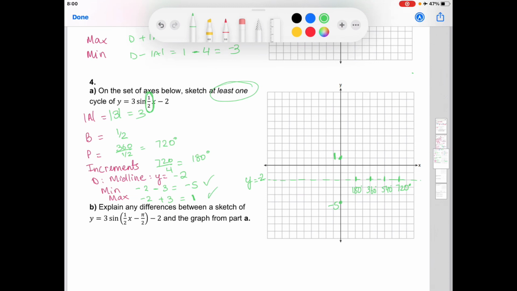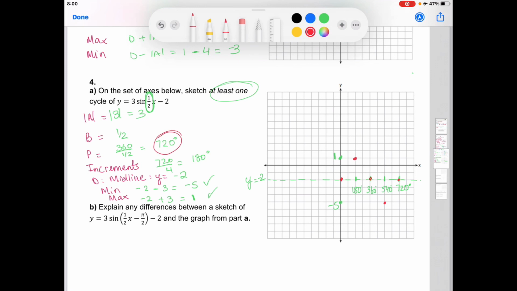And now all I need to do is one cycle of this function, right? So I'm going to do it in red, and it's a sine graph, so I'm going to start at midline. And I'm going to go maximum because there's no negative. If there was a negative in front, you would have gone minimum. Max, mid. It's at least one cycle. So you're not stopping at 360 because we didn't finish one cycle.